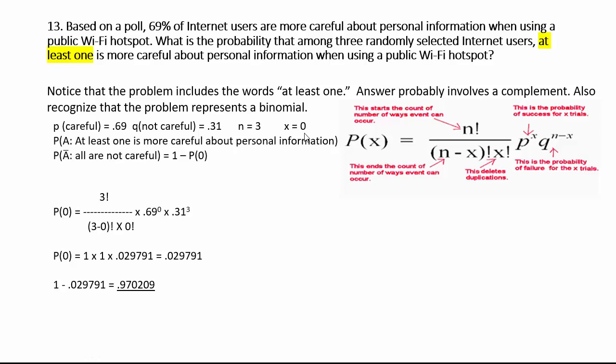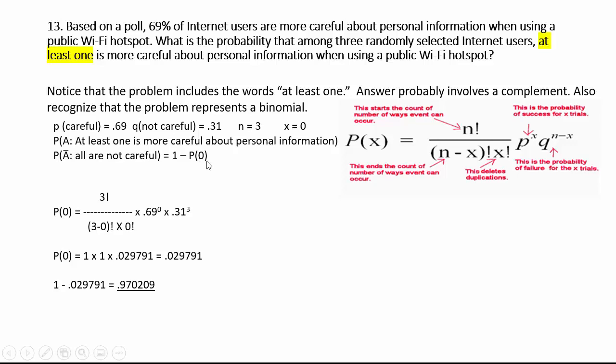Right? Now, why would we do that? Because we're after the probability that among the 3 randomly selected internet users, at least one is more careful. So if at least one, that's going to include 1 and 2 and 3. The thing it won't include is 0, right? So we are just going to calculate that probability of 0.